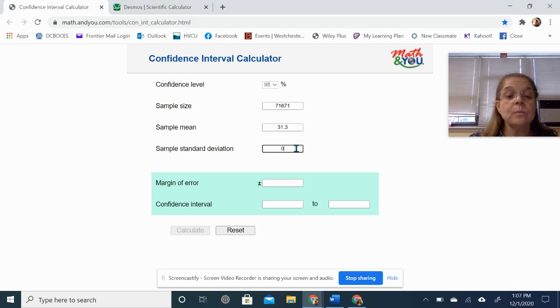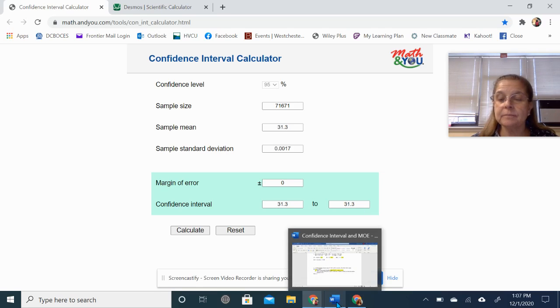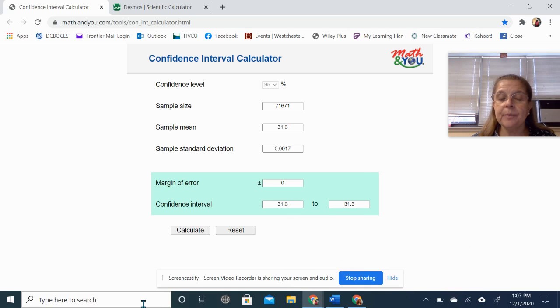And I already figured out the standard deviation with the decimal point, so that you wouldn't have to do the calculation. So I did that already for you. Interesting. Margin of error, 0. Confidence interval, 31.3, 31.3. Why do you think that happened with this? This is an interesting little piece.